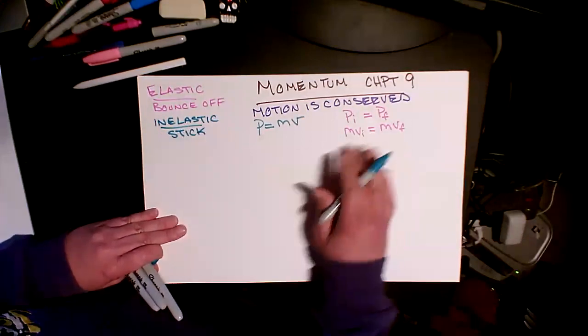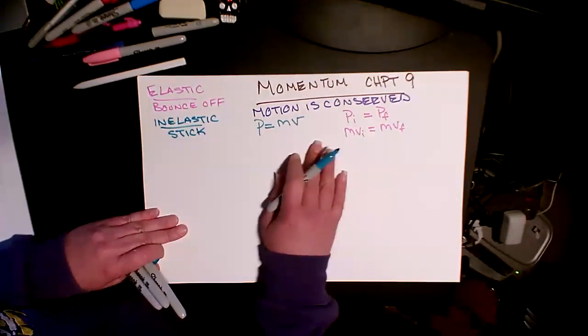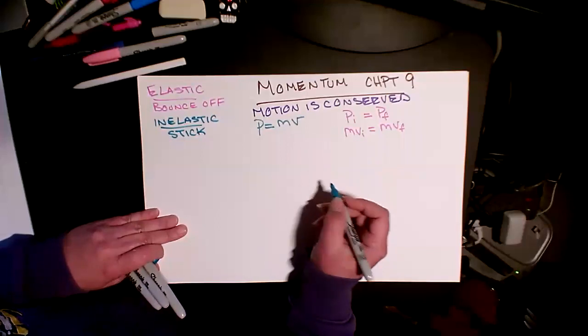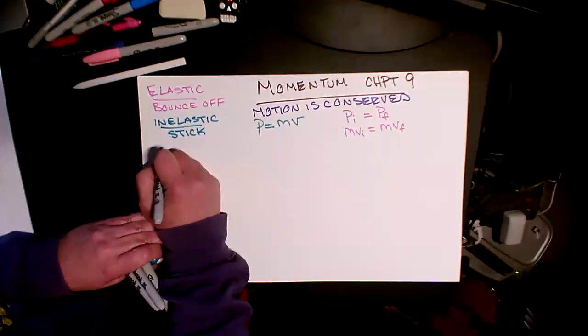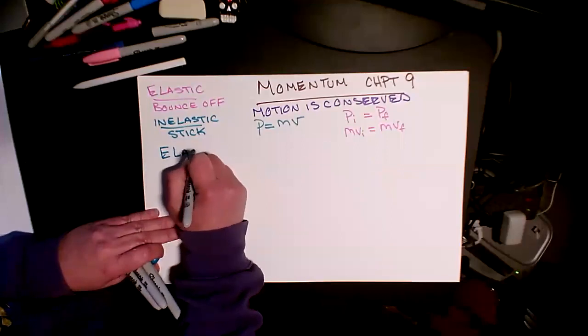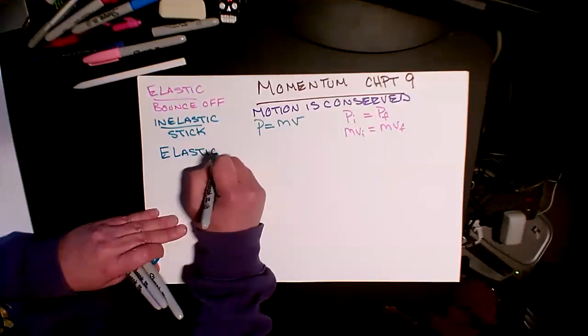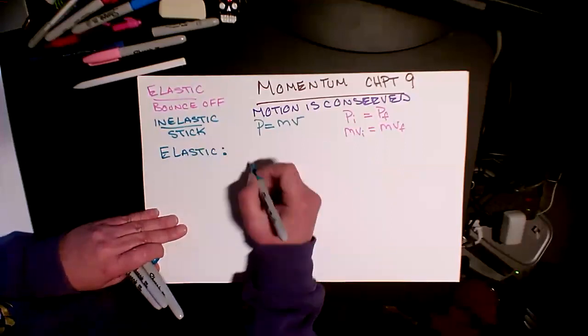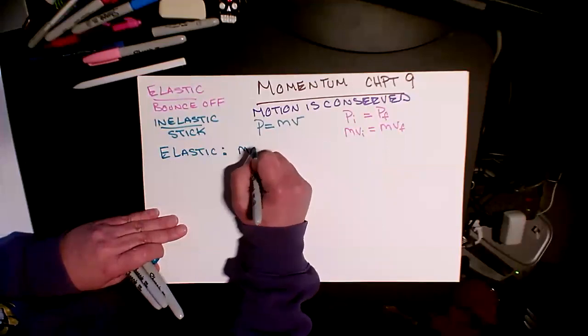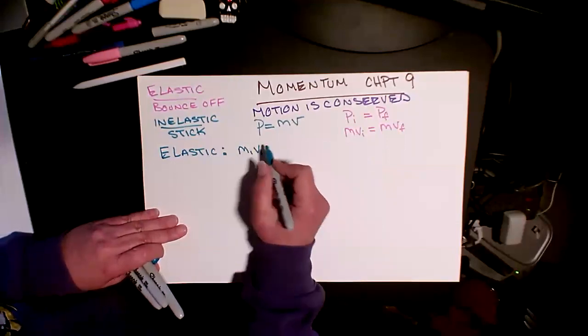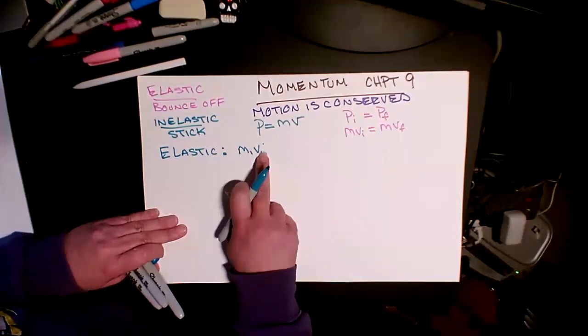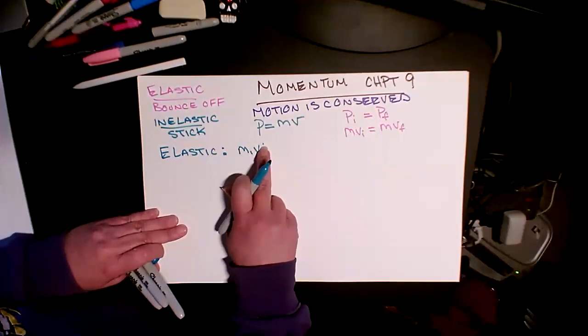So the way we can write these in terms of this conservation is, for elastic, I'd have something that looks like this. I'd say, okay, so I have mass 1 has its velocity. I put this little hash mark up here, which is just a prime.